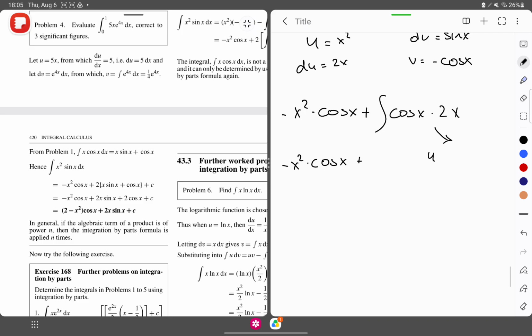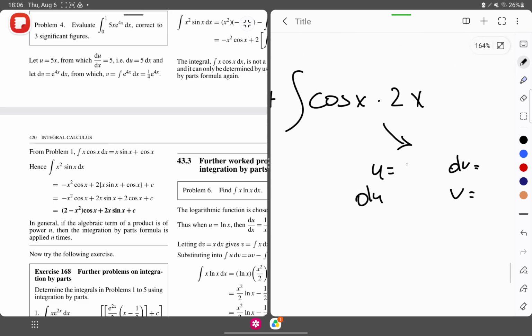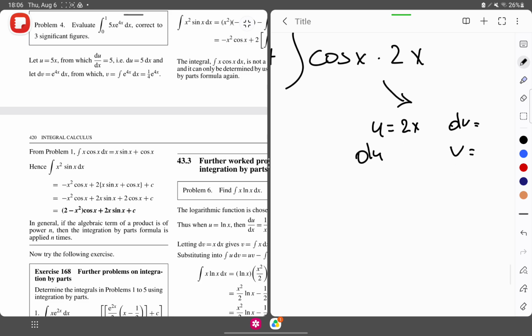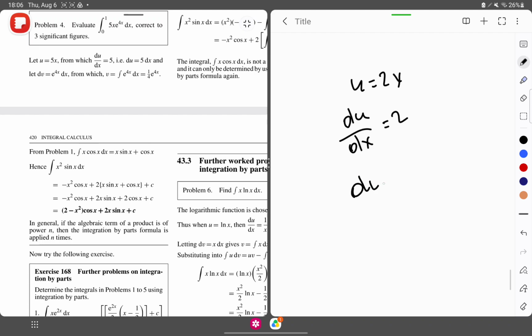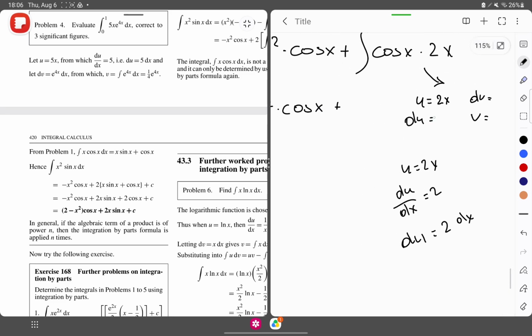Let's say that's u, that is dv, du, v. If u is 2x, du over dx will be 2, and du will be 2 dx.